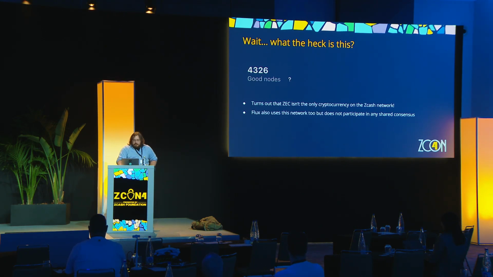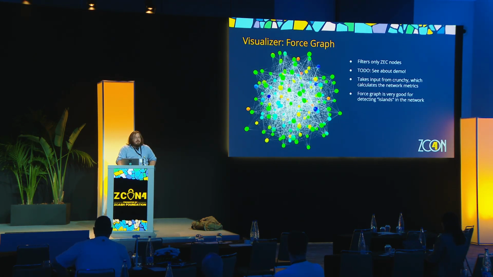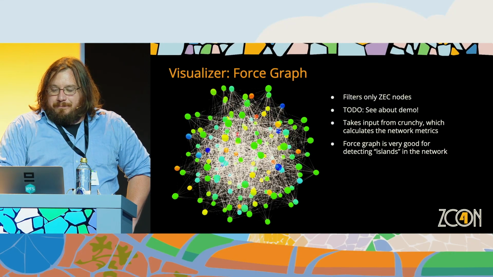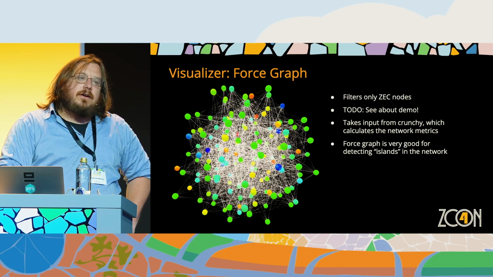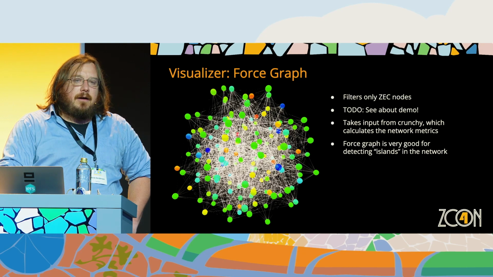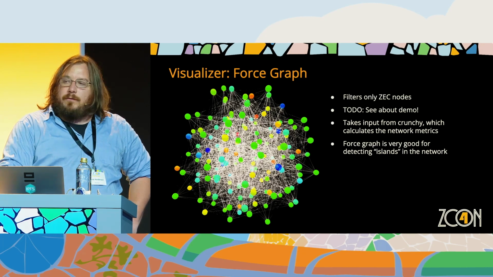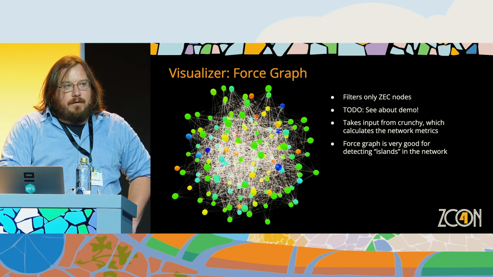So that was interesting. We have this really cool looking force graph that's WebGPU and WebGL enabled that takes the input from Crunchy, and this is good. I mean, it's very pretty. It's kind of confusing to look at, but what it's really good at is detecting islands in the network.